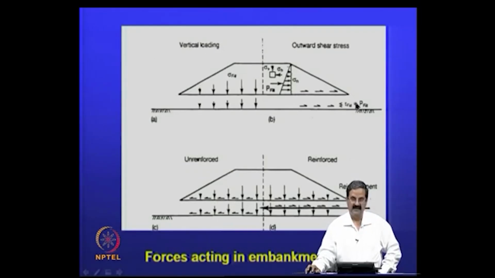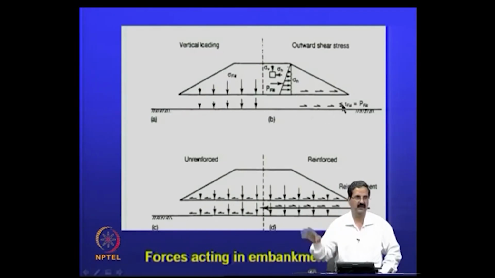So, how do you make all these calculations? This is the example. You have vertical loading from the embankment. This is how the outward shear stresses develop, and you have the earth pressure from the fill. So, that is the horizontal outward shear stress.